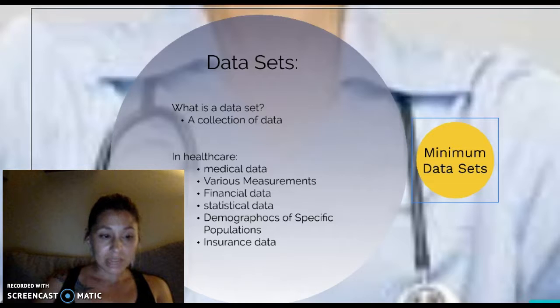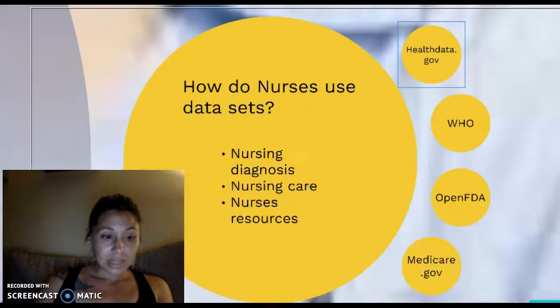Nursing minimum data sets represent the first attempt to standardize the collection of essential nursing data. These minimum core data are used on a regular basis by the majority of nurses in the delivery of care across settings and can provide an accurate description of nursing diagnoses, nursing care, and nursing resources used.